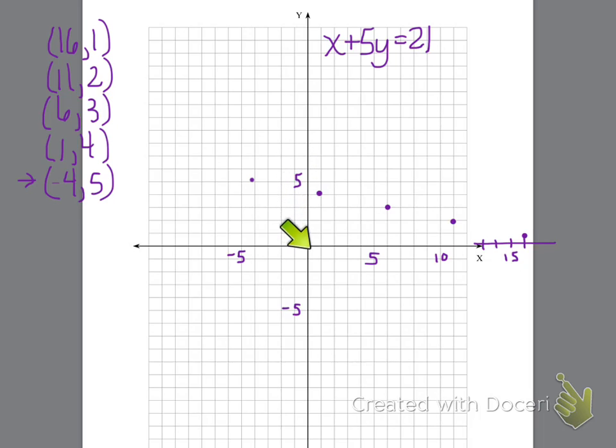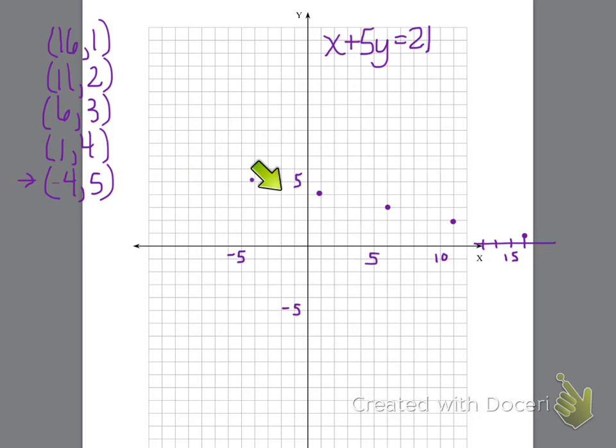So when x was 1, y was 4. When x was 6, y was 3. When x was 11, y was 2. And for x is 16, y is 1. I had to extend my graph out a little bit, but it still works.